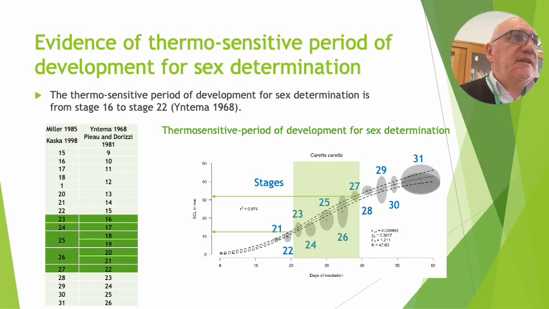Taking into account that Pieau and Dorizzi determined that the TSP was located between stages 16 and 22 in the Yntema stage system, we can see that it corresponds to stages 23 to 27 in Miller stages.